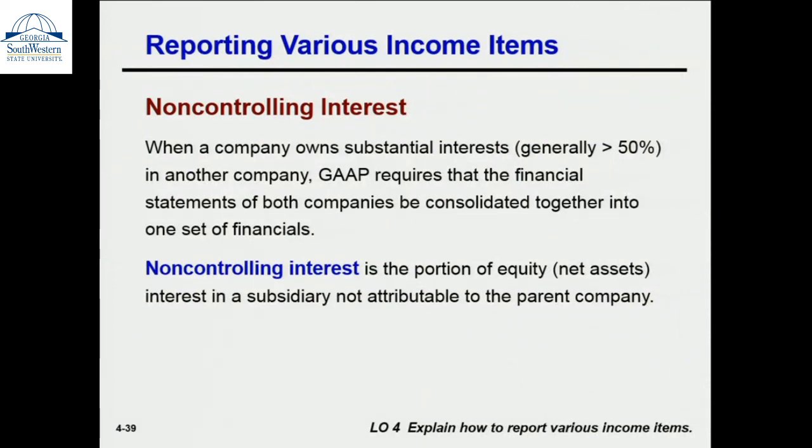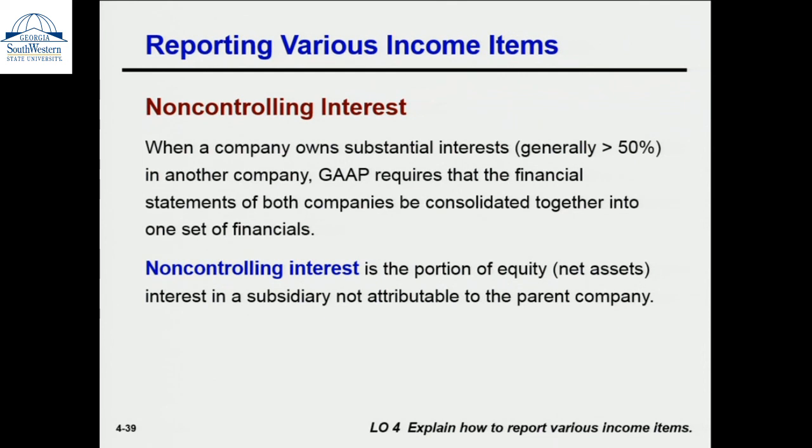If they own 100% of that company, they usually add in all of their subsidiaries and report as one big Procter & Gamble, right? But let's say Procter & Gamble only owns 90% of Prel, and somebody else owns 10%, okay?